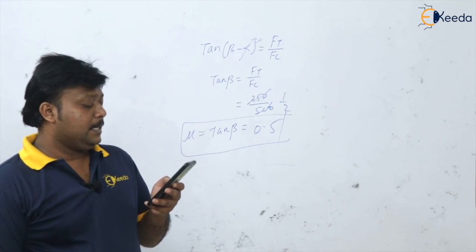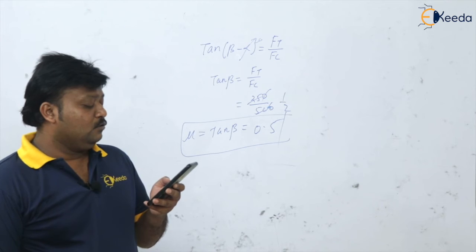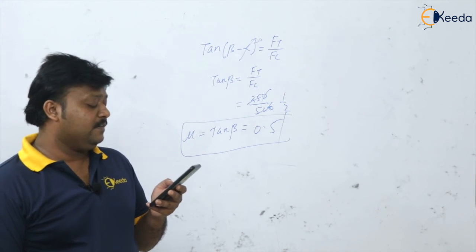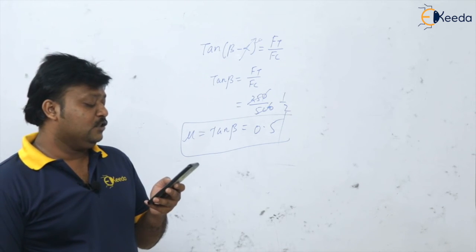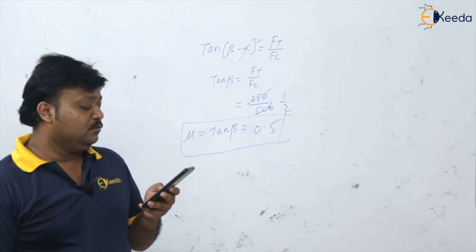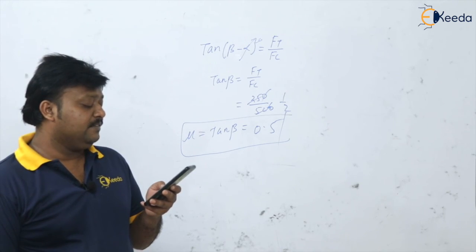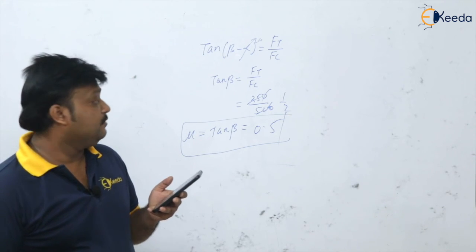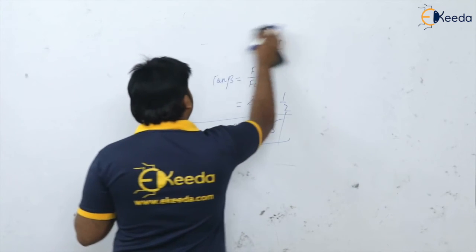Next question. Using Taylor's tool life equation, the exponent n is 0.5. If the cutting speed is reduced by 50%, the ratio of new tool life to the original tool life is, okay, let us calculate.